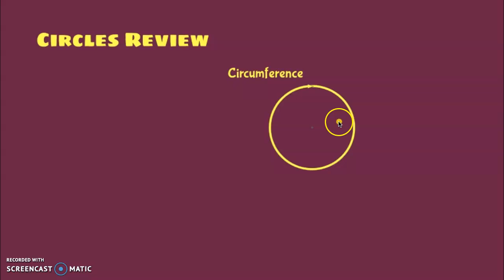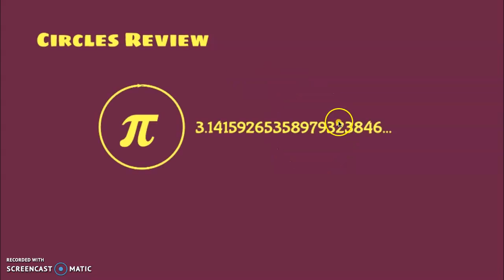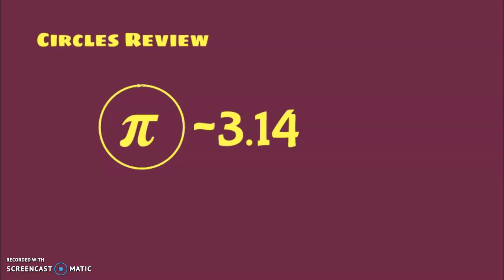And you may remember that magic number is pi. And pi is an irrational number. It doesn't repeat in a pattern, and it doesn't ever end. It just goes on and on and on. And so because of that characteristic, we often use an approximate value for pi, and we often use 3.14 as our value for pi, rounding it to 2 decimal places.